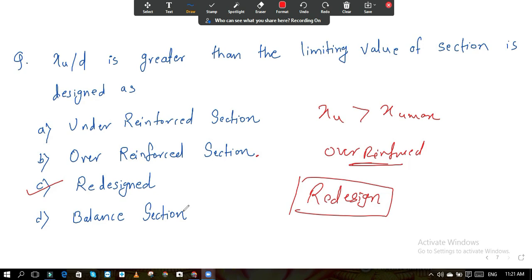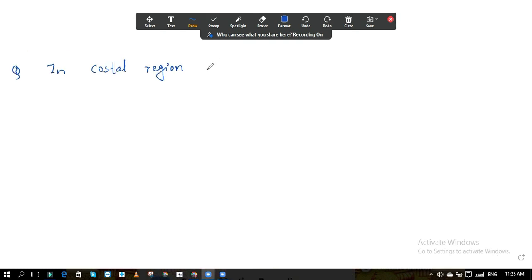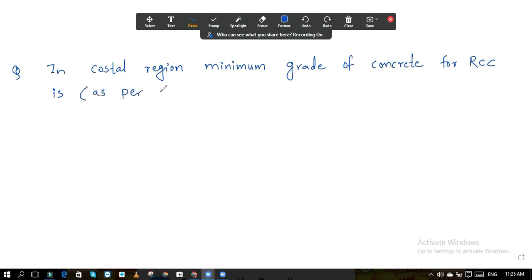So the next question is, in coastal region, minimum grade of concrete for RCC as per IS 456-2000.